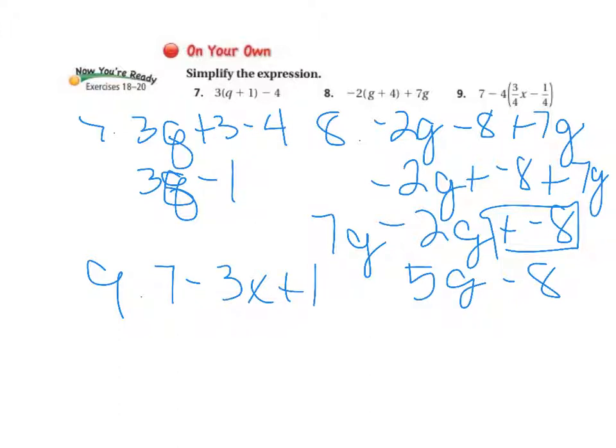And so again, we need to move things around. So we're going to go 7 plus 1, and then we have a plus negative 3x. And then we combine, and we have 7 plus 1 equals 8, and that equals 8 minus 3x.